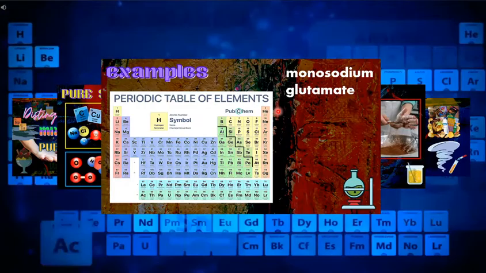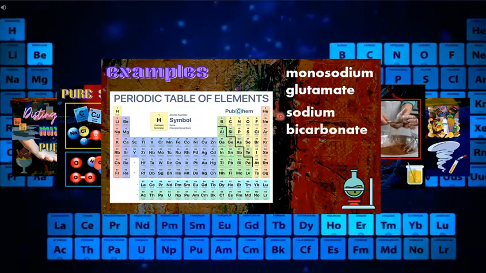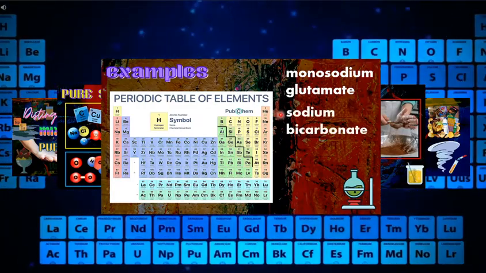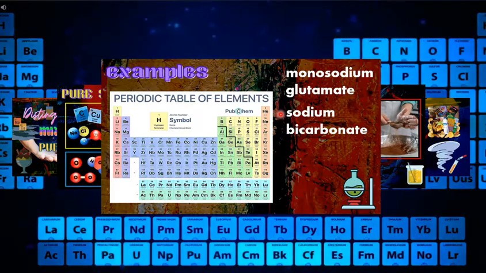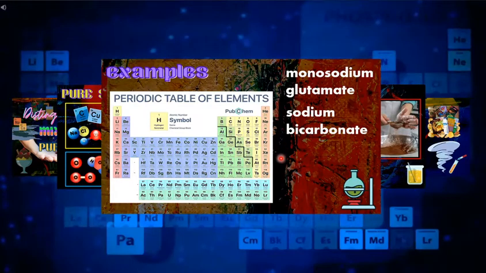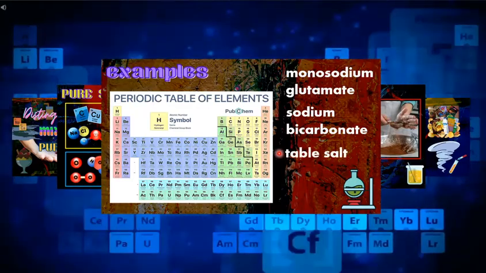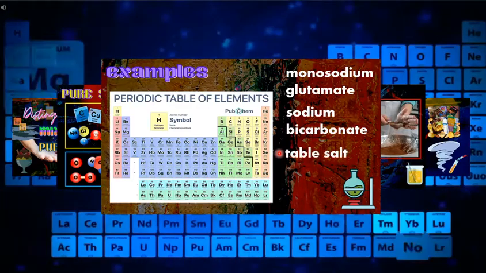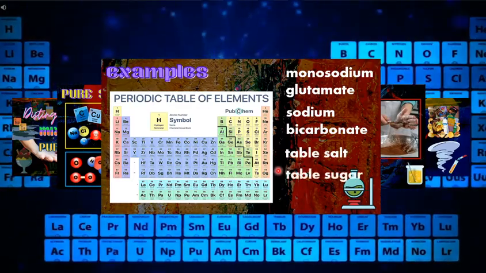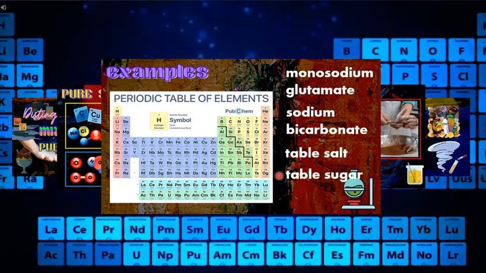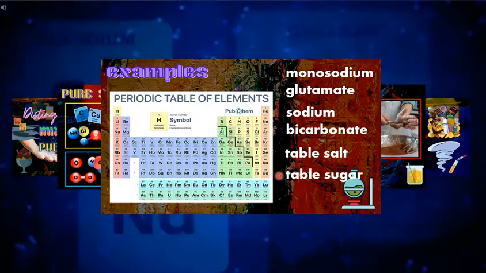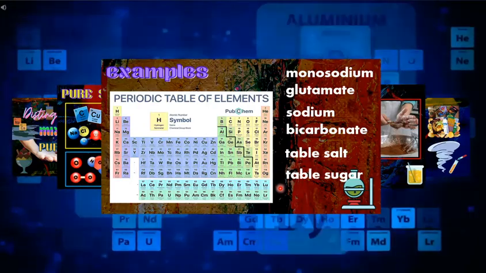Then we have sodium bicarbonate or baking soda. It is used in the baking and as well as in the experiment on volcanoes. Then we have table salt, a basic condiment that you can find in your kitchen. Then we have table sugar, the sugar that you add to coffee, tea, juice, or milk.